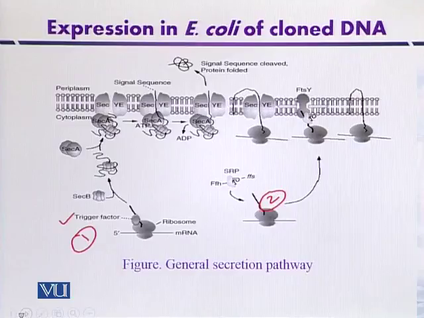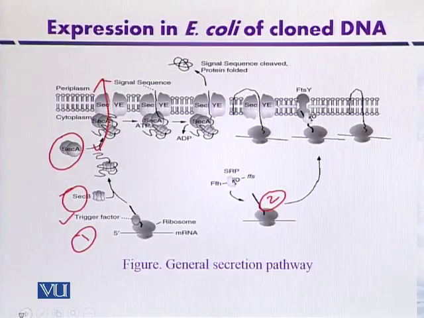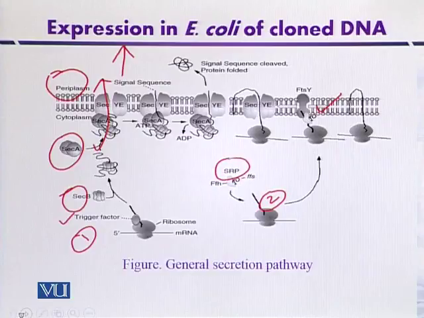After trigger factor, chaperone proteins like SecB or SecA facilitate its movement across the cytoplasmic membrane into the periplasm or even outside the cell. On the other hand, if its destination is within the inner membrane, it will come in contact with SRP, the signal recognition particle, and integrate into the cytoplasmic membrane.